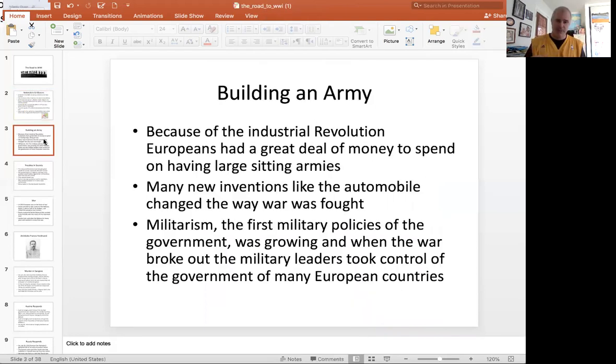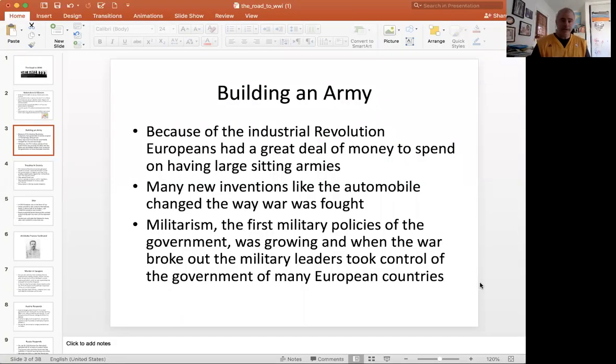Also, underneath causes of World War I, we have this idea of militarism. And one thing that had happened in this period was that the Europeans had built up large armies. Now, the old saying is, and this goes back to the feudal era of Europe, even during the Crusades, around 1000.